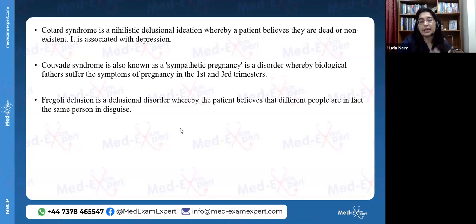For example, they have an enemy and they feel that everybody who's around them is the same person who's just disguised as that particular person. Okay. So these are the different types of syndromes, different types of delusions, and they're often asked on the exam. So please make a note of all of them, and you will definitely get a question or two out of these. Okay.